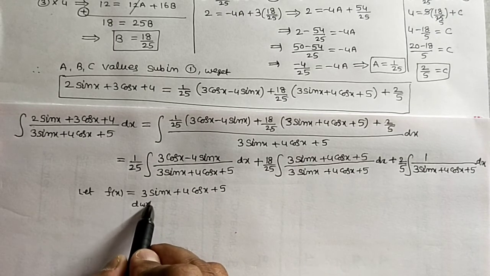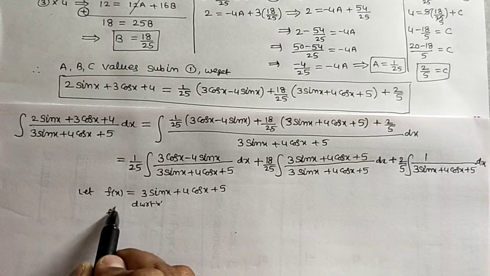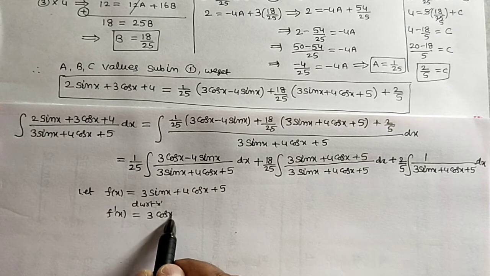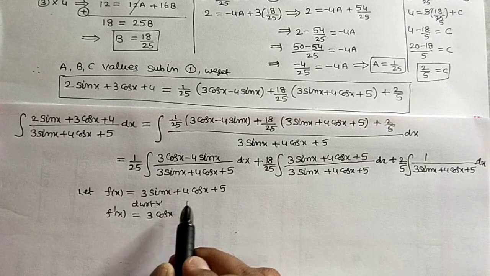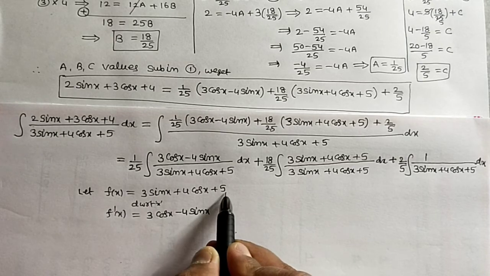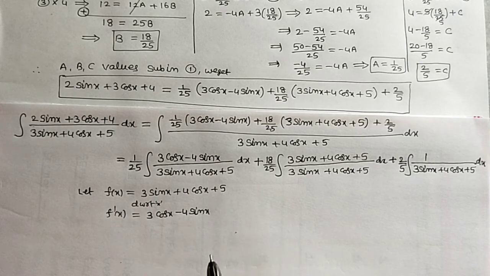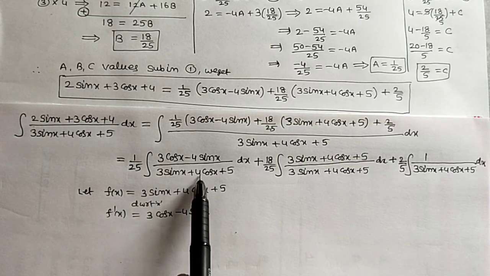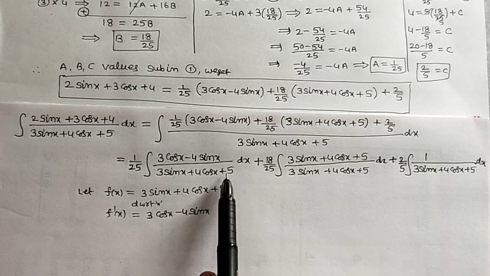Differentiate with respect to x, then f dash of x is equal to 3 into derivative of sin x, cos x, 4 into derivative of cos x, which is minus sin x, so minus 4 sin x, and constant derivative is 0. So observe that these values 3 cos x minus 4 sin x are in the numerator, and 3 sin x plus 4 cos x plus 5 is in the denominator.